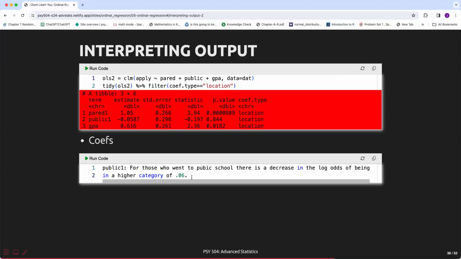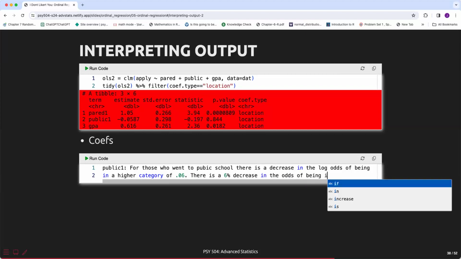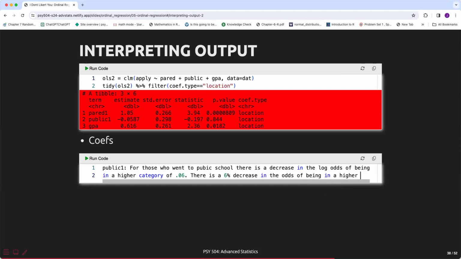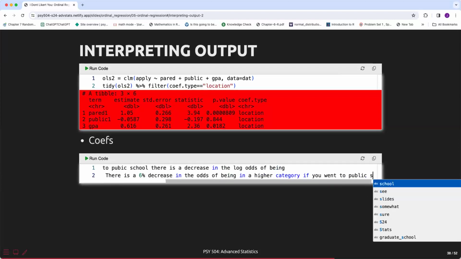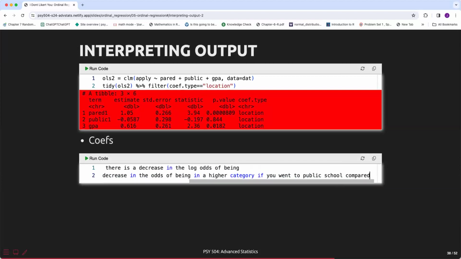Did anyone do it? Do you guys remember how to take an odds ratio and turn it into a percentage increase or decrease? So there's a 6% decrease in the odds of being in a higher category if you went to public school compared to if you went to private school.